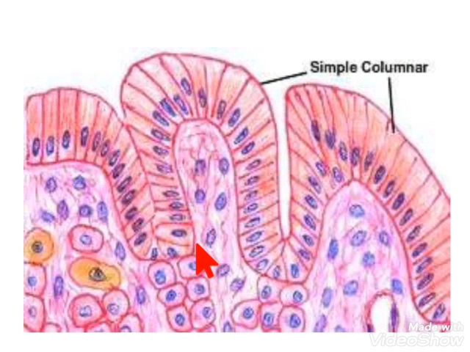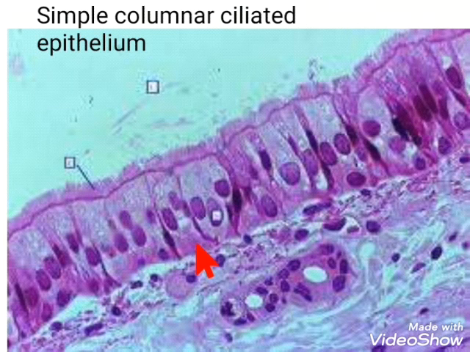Simple columnar epithelium at some locations shows certain surface modifications, for example cilia and microvilli. In the fallopian tube, the lining epithelium shows the presence of cilia.